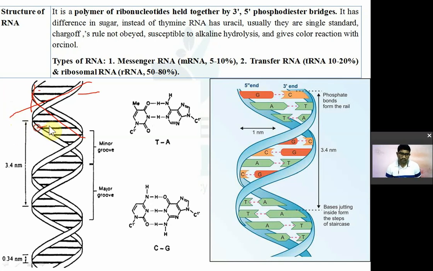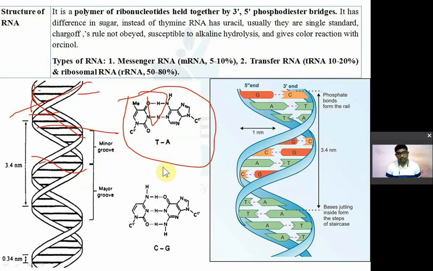Now you can see in between these two lines, these are the hydrogen bonds. Suppose there is one adenine and one thymine of two different strands. Suppose here there is adenine and here there is thymine in the other strand. Between them there will be a hydrogen bond.